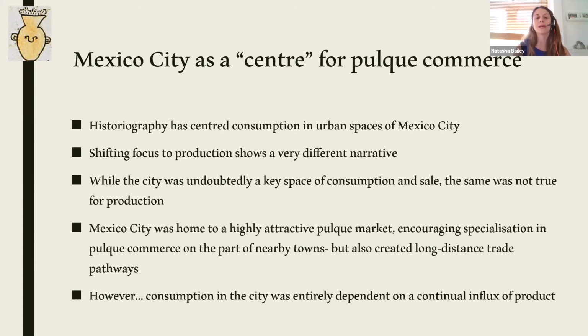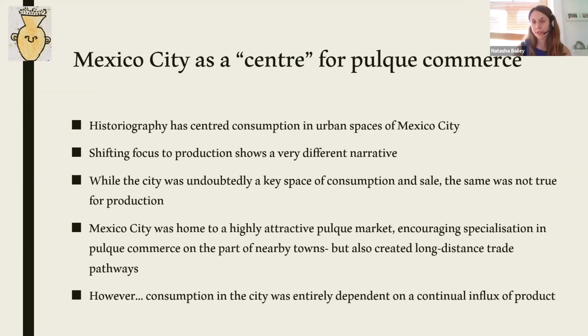So when we look at production, we find that Mexico City is far, far less important. Almost all of the pulque that enters the city comes in from more rural settlements, either surrounding it, as in the cases of towns like Coyoacán or Tacubaya, which are now neighborhoods of Mexico City.